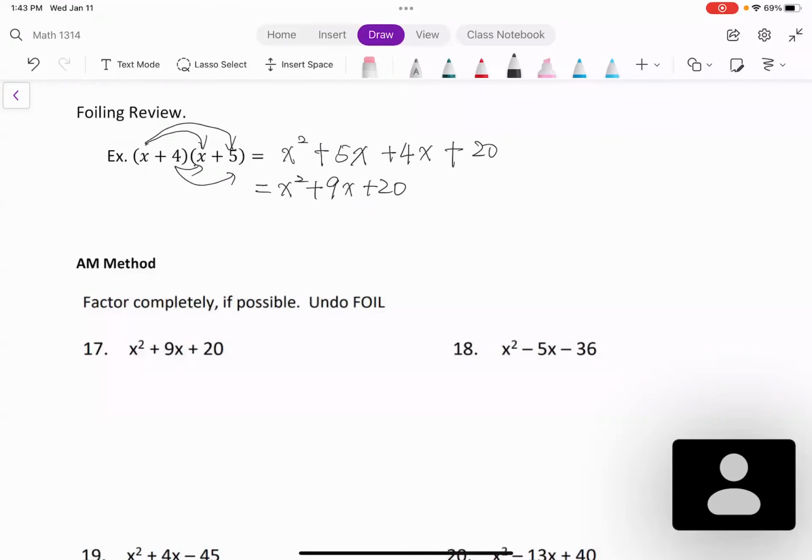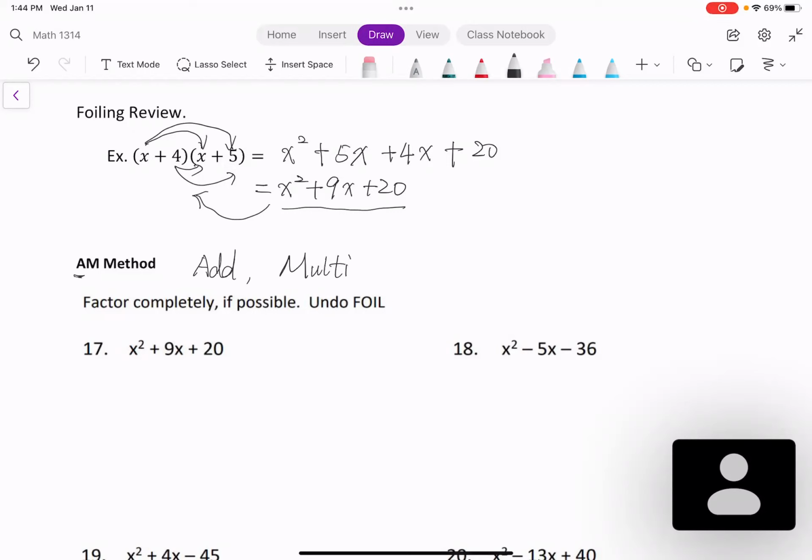Okay, here is the question. If I have this polynomial, can you give me the factored form? How to find the factored form? Here is the A and M method. What is the A? What is the M? A means addition, and M means multiplication.